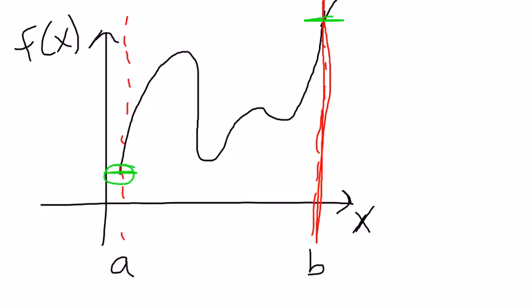Okay, but there's also going to be local minimums and local maximums. So to further explain this, the parts right around here are going to be your local mins and local maxes. And what these represent are parts where the derivative of your function is going to be equal to 0.